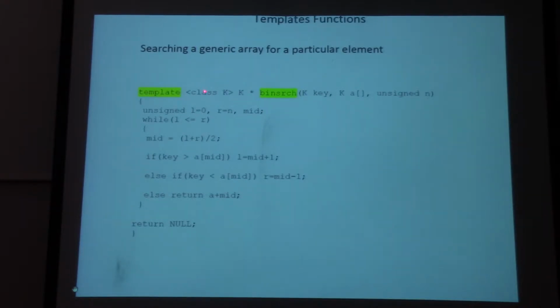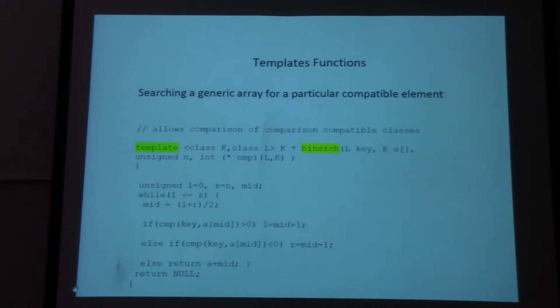So the generator, if you put class K as rational, will generate it for rationals. But the compiler may still give you a compiler error. Why? Because the rational class doesn't have that operator defined. So just because it can be generated as a template doesn't mean that it's going to compile. Before the compiler sees it, the template generator generates it, and then the compiler tries to compare.